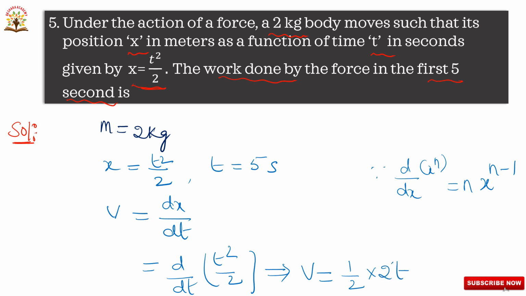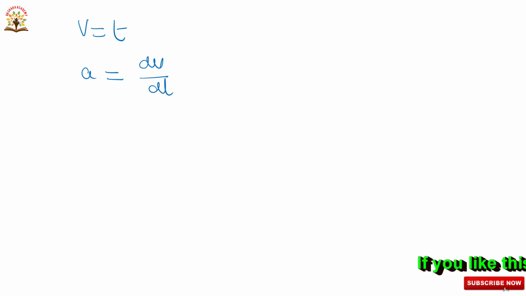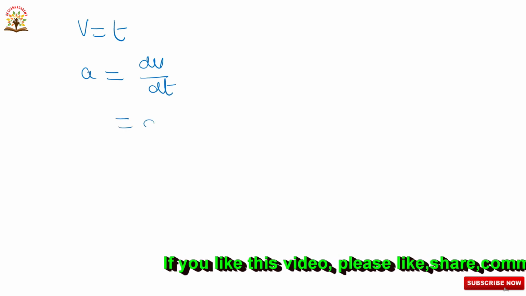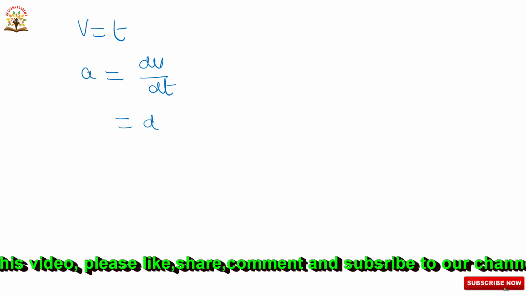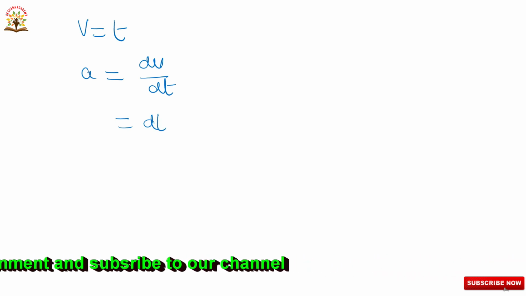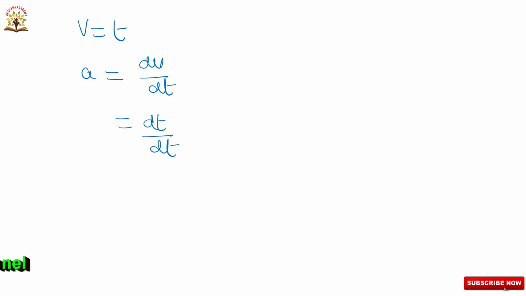So the 2 cancels, and we get v = t. Now acceleration a is the change in velocity by time taken, dv/dt. Substituting v = t, that is d/dt of t, which is 1 meter per second. So a = 1 meter per second squared.